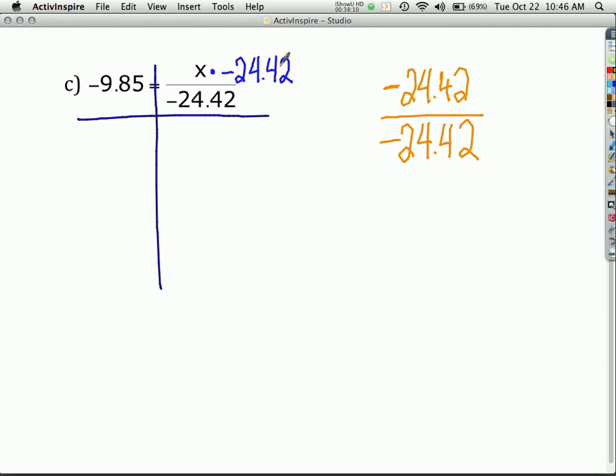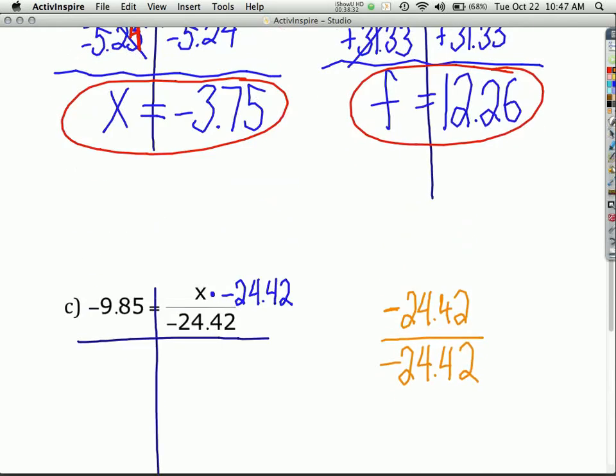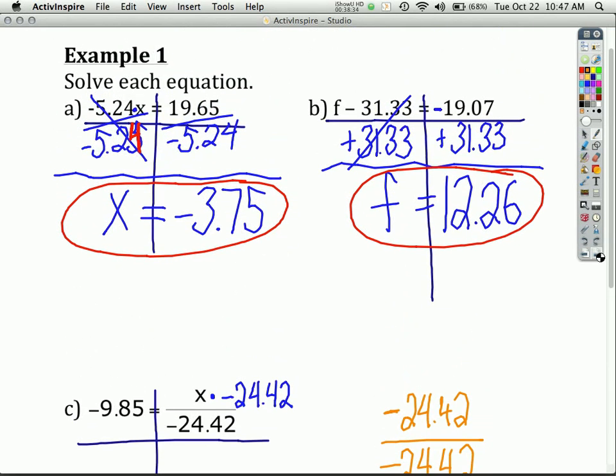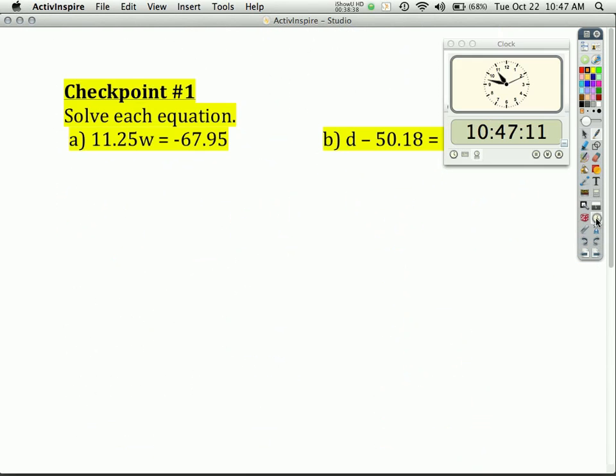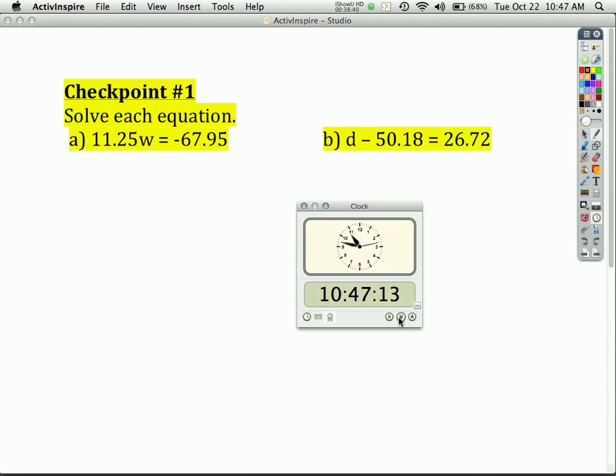So this is actually being multiplied on the top, not on the bottom. There were a couple of people I saw who were writing it down here. That's not correct. I didn't talk about that because I was trying to help you just get through the concept of solving an equation. But now I'm correcting that behavior, okay? Any questions about that? All right, let's see how you do on your own. Checkpoint number 1, solve each equation. You got 2 equations, you got 2 minutes.